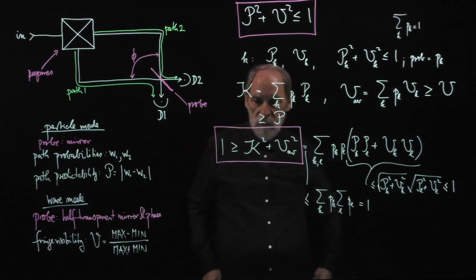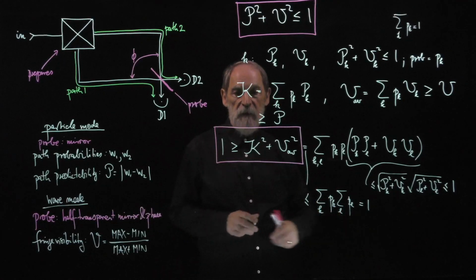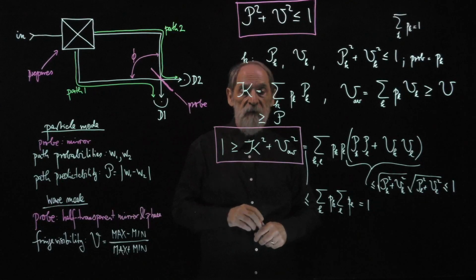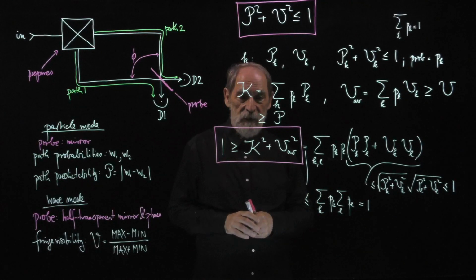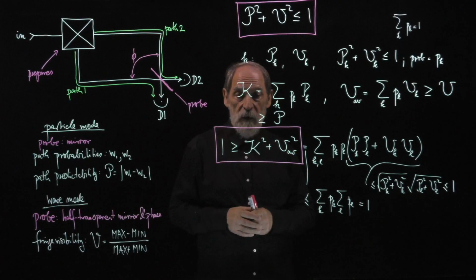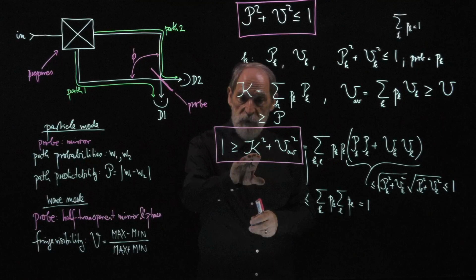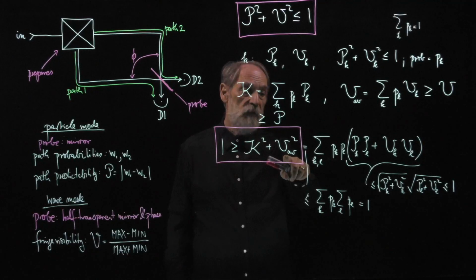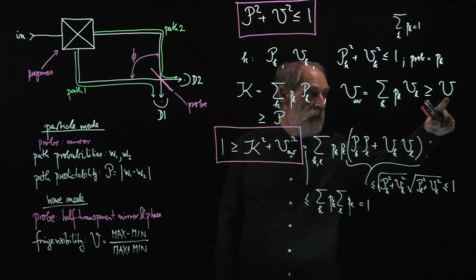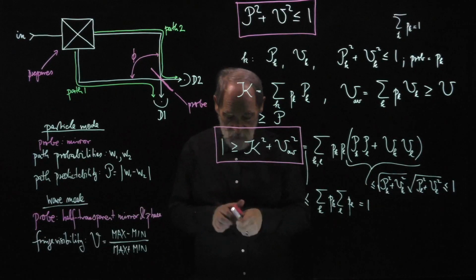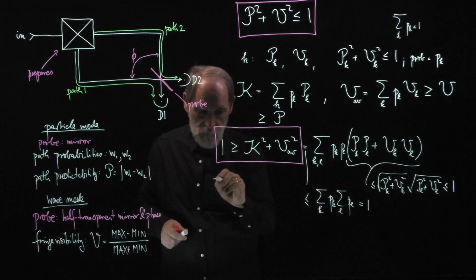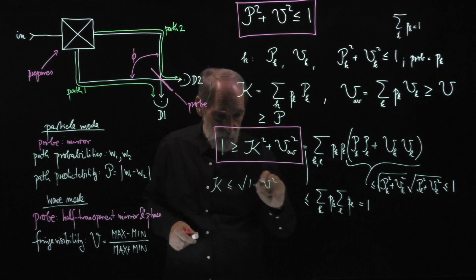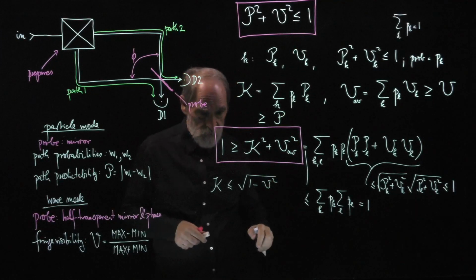Now this opens the door for additional possibilities where we can set up the experiment such that we can sort into subensembles that have large predictability. Then this K will be as large as it can possibly be, but remember that the average visibility is bounded from below by V. So the K that we can have is bounded from above by the square root of 1 minus V squared, where this V is the V of the full ensemble.